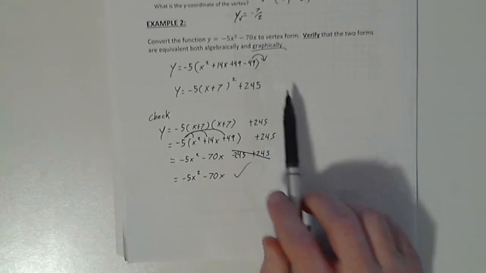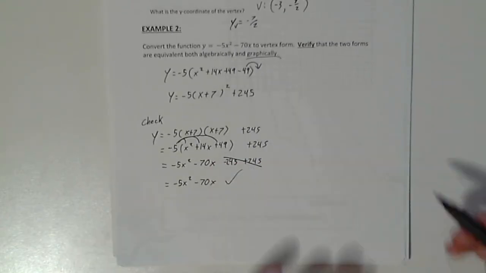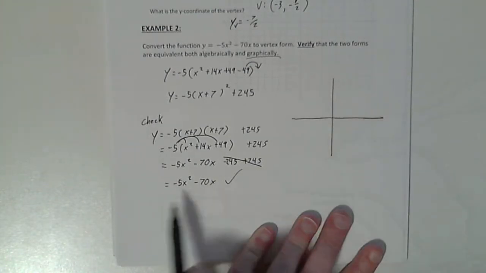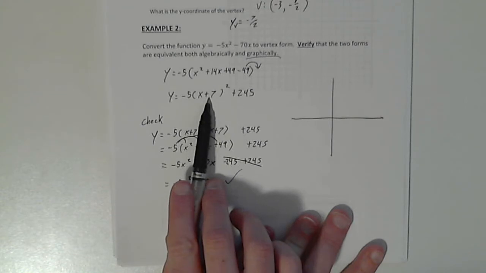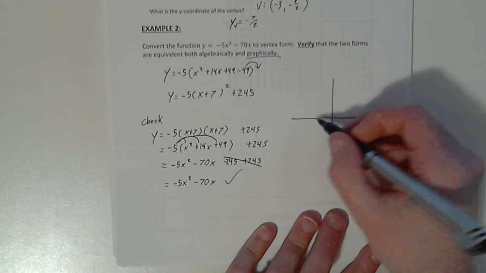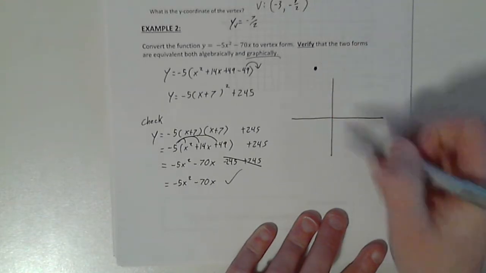And then graphically, you can graph this original thing in your graphing calculator and have a look at what it looks like. And you can graph the vertex form as well, this guy right here. So he's going to have a vertex at negative 7 and positive 245. I have a vertex way up here.